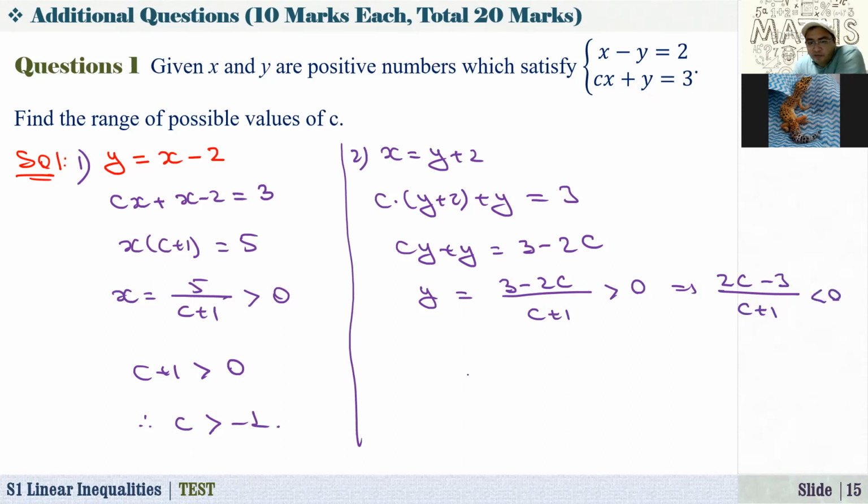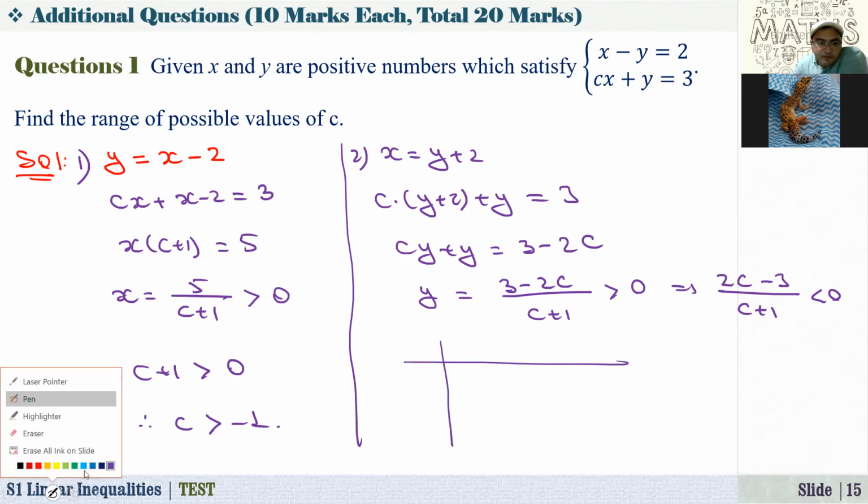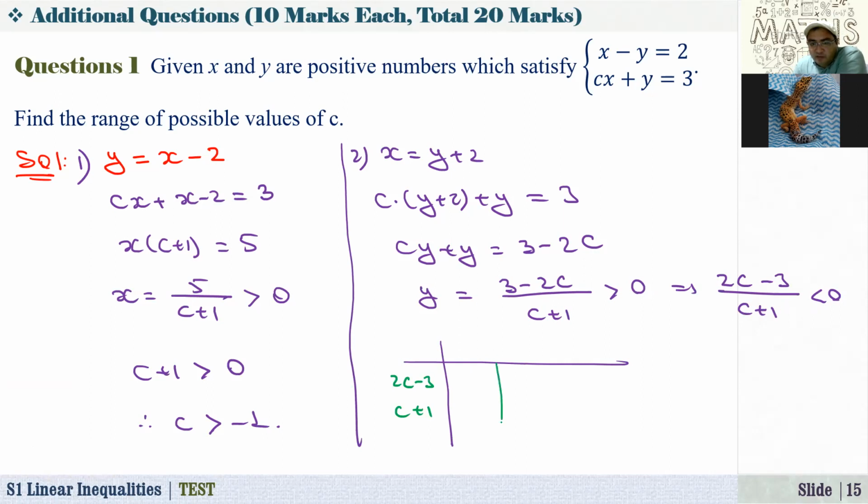If you remember how we do this, we have two different expressions here, 2c minus 3 and c plus 1. At two different points, they change their sign. The first one changes at negative 1, but it cannot be equal to negative 1. The second one is 3 over 2. To the right of 3 over 2 it is positive, and to the left it is negative. For the other, to the right of negative 1 it is positive, and to the left it is negative.